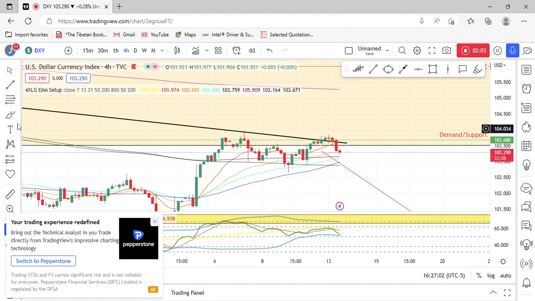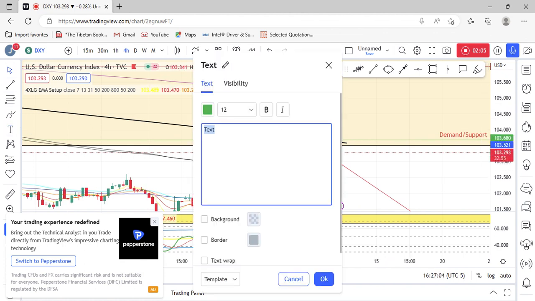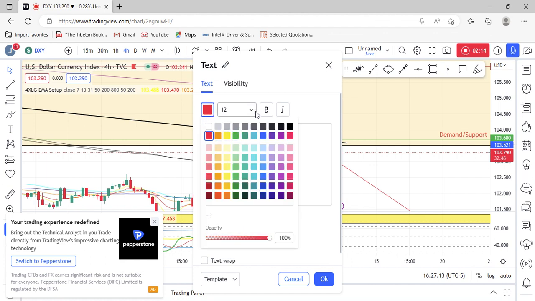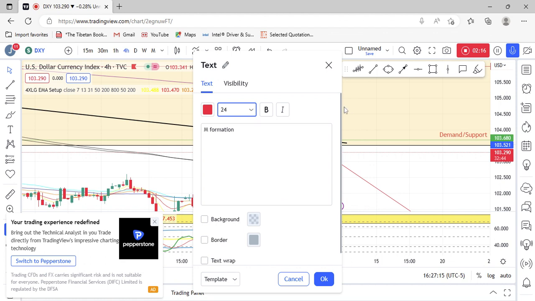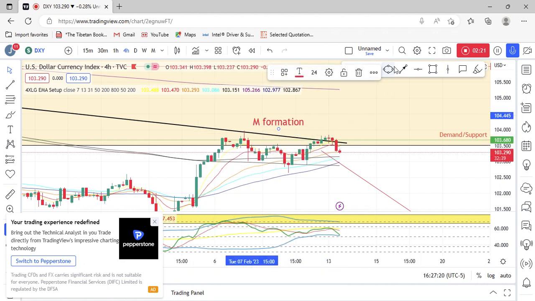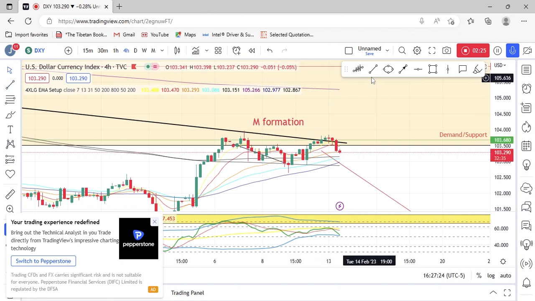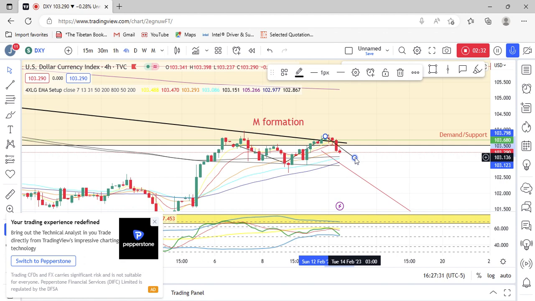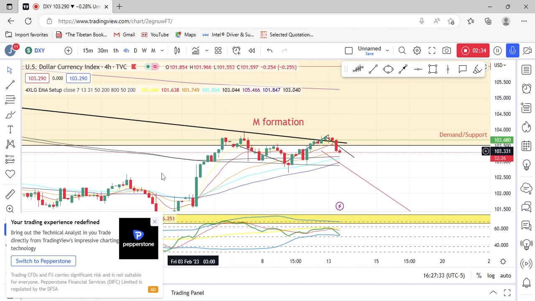As you can see, a perfect M formation over here. You can see clearly the perfect M formation over here. This entire area, as you can see, a perfect M formation on a lower time direction.